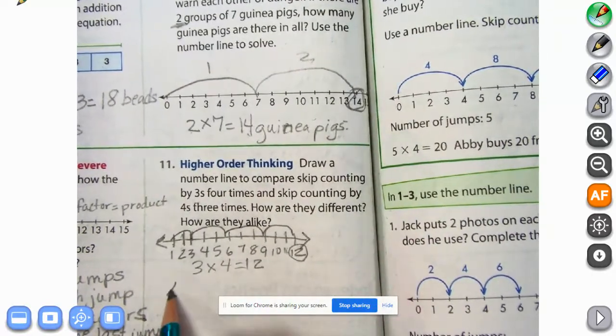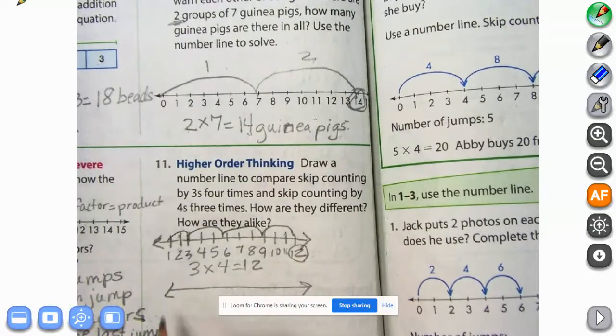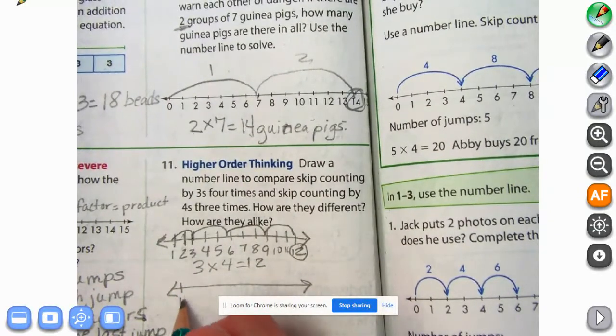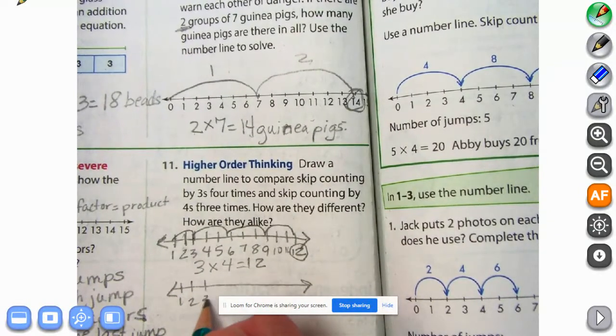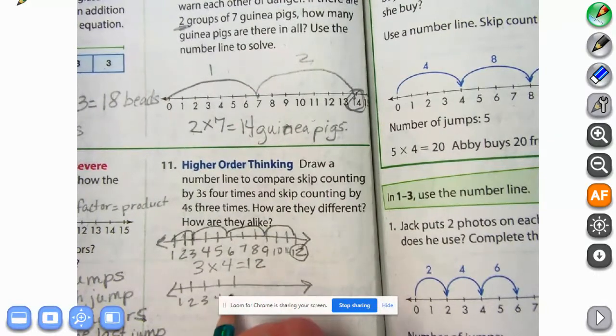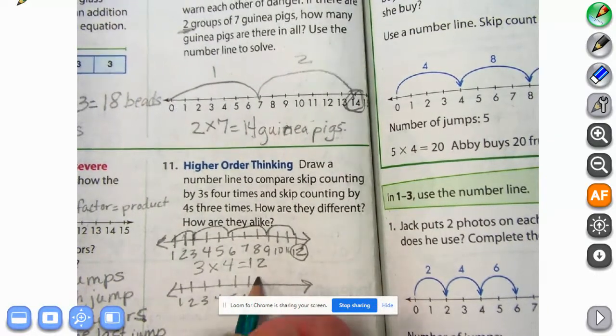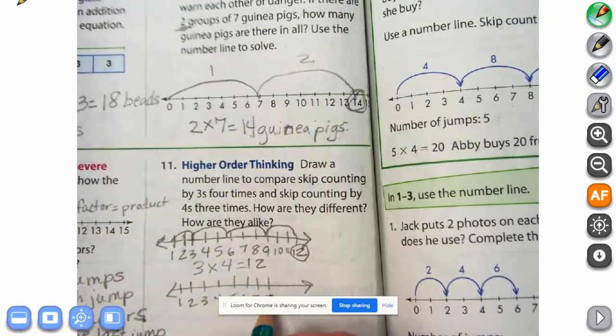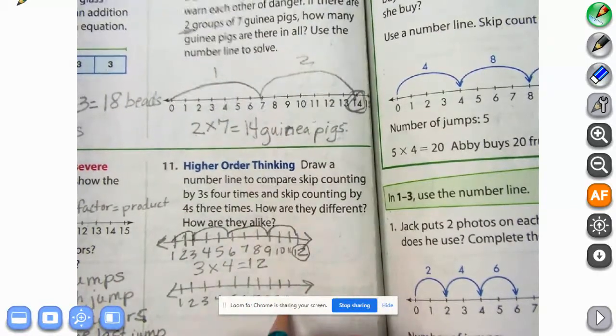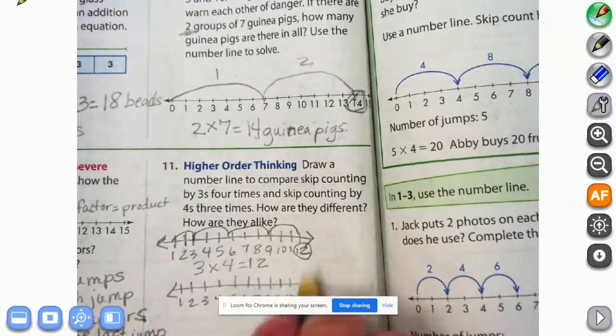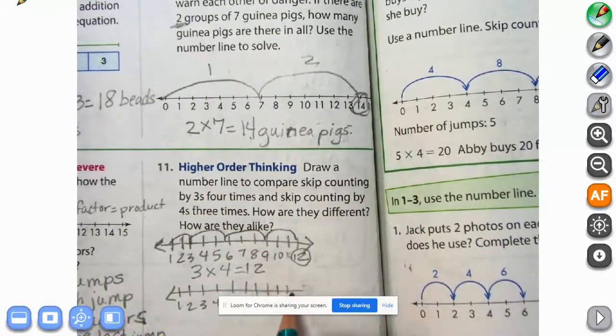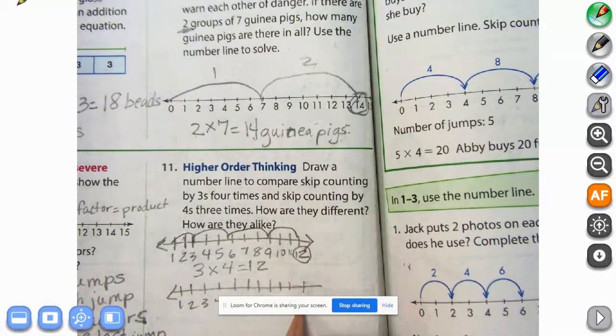And the other example would be 1, 2, let's do it again, 3, 4, 5, 6, 7, 8, 9, 10. Let's make it at least the same as the other one. 11 and 12.